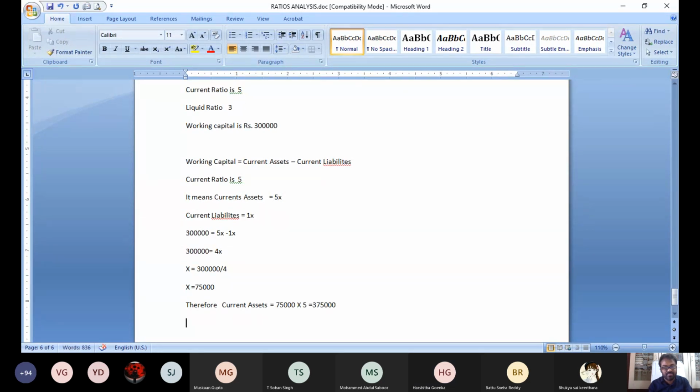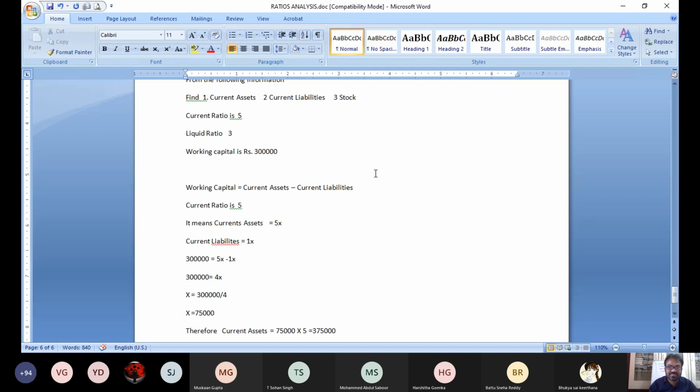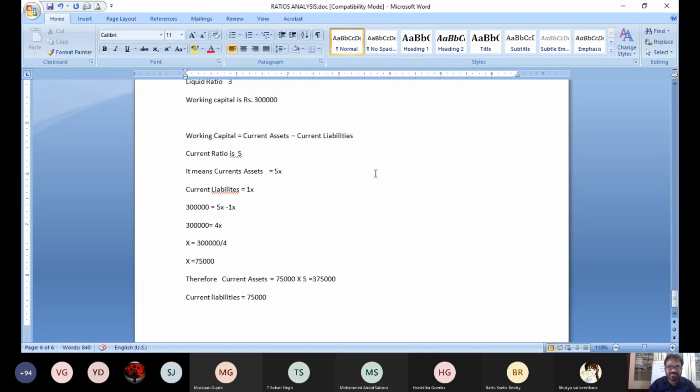Correct. So current liabilities, already x is equal to 75,000. Now you got current assets and current liabilities.